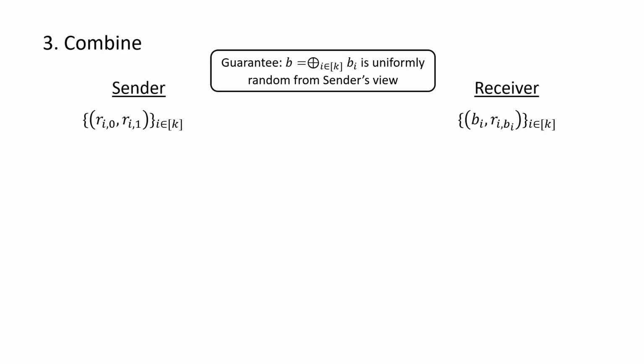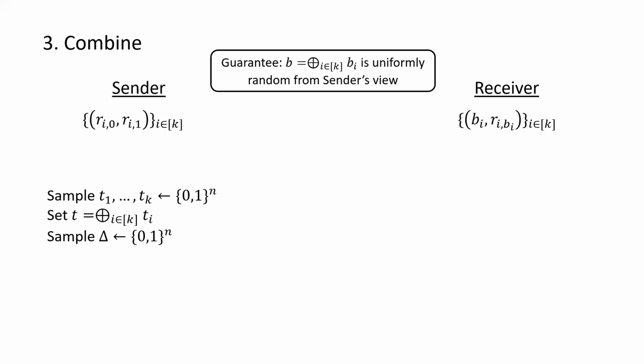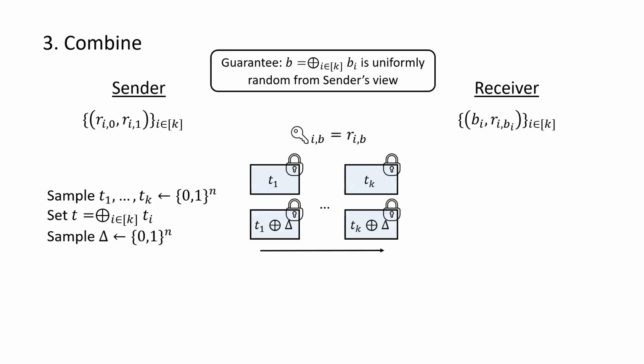Here, we can do this pretty indirectly using some ideas from free XOR. Basically, the sender will sample some fresh strings, XOR them all together, and I'm going to call T the XOR of all these strings. Then the sender will sample a single offset delta, and transmit commitments to all of these strings and their offsets, where we set the commitment key to be these correlations that they previously had, right?